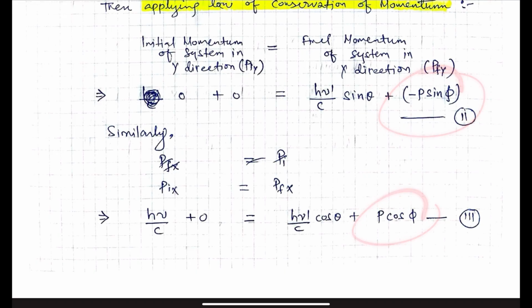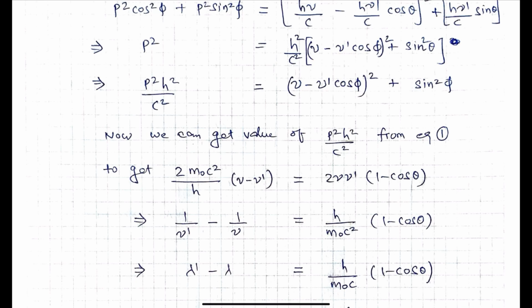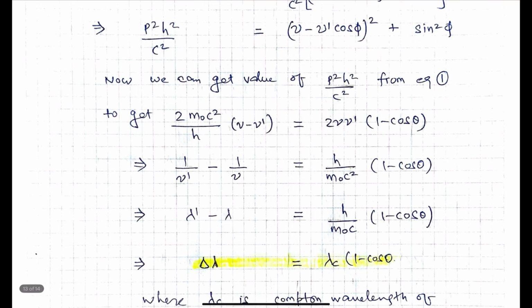By simple mathematical manipulation, we have put p square h square upon c square equal to this particular expression, on the left hand side and right hand side.